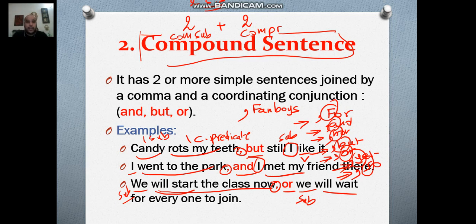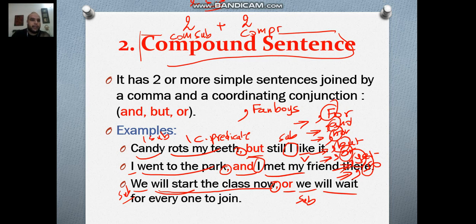For example, Candy rots my teeth. Candy is the subject, rots my teeth is the complete predicate. So I have one subject and one predicate. Comma, but, oh, stop teacher. I have but here, one of the FANBOYS. So I'm 99% sure it's going to be a compound sentence. Let's carry on and look for the other subject and the other verb.